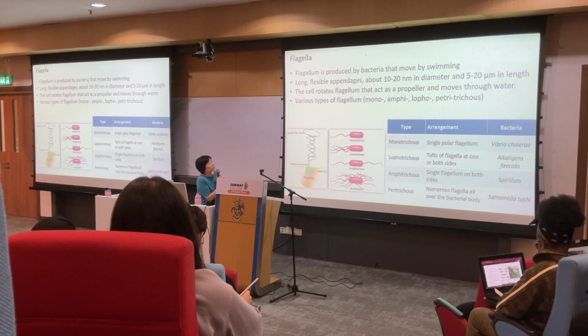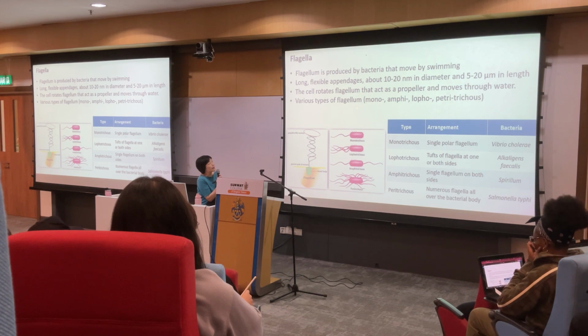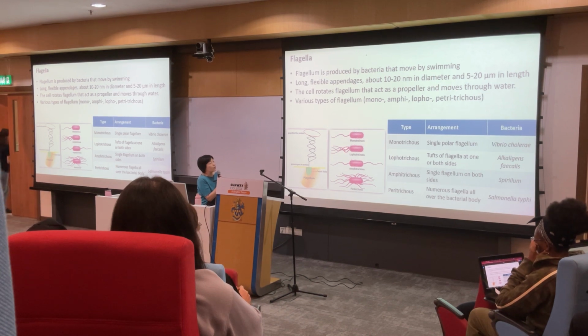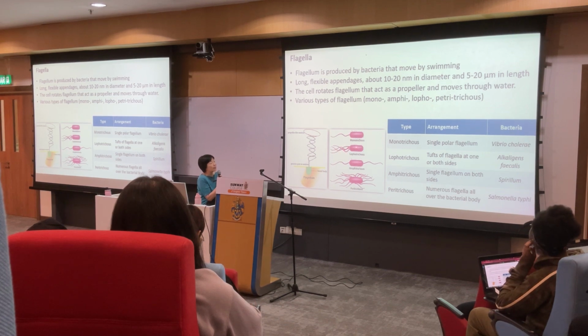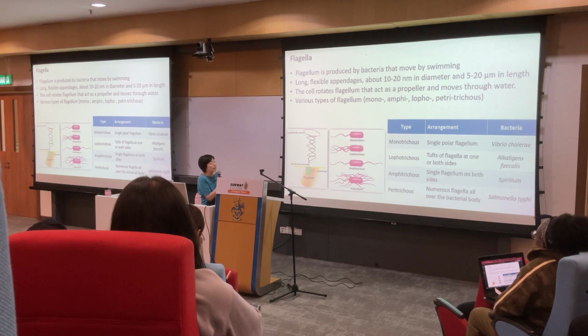First of all, we recognize that different cells have different kinds of flagellum. Therefore, they have different names. If the cell has only a single flagellum, then it is called monotrichous. If they have many flagella, but all in one direction, from one position, then they are called lophotrichous.